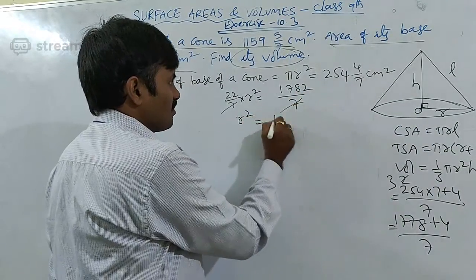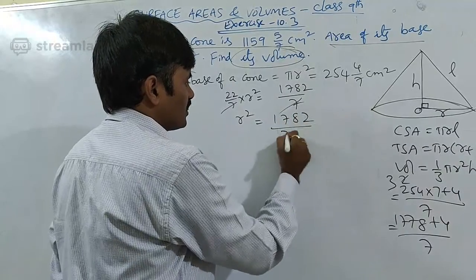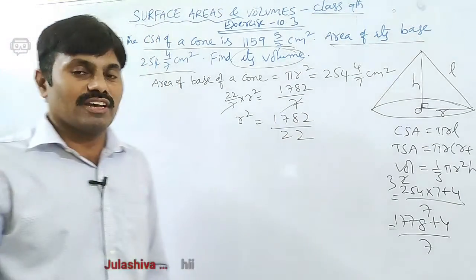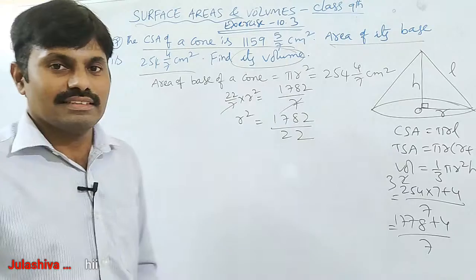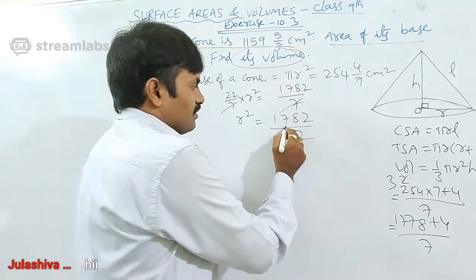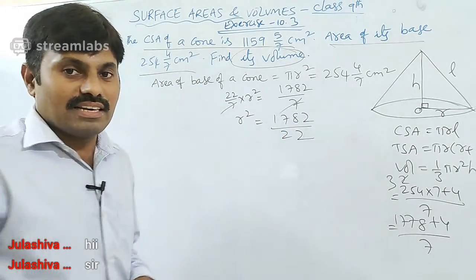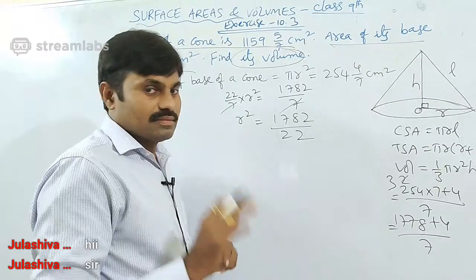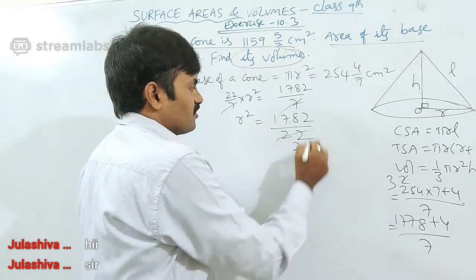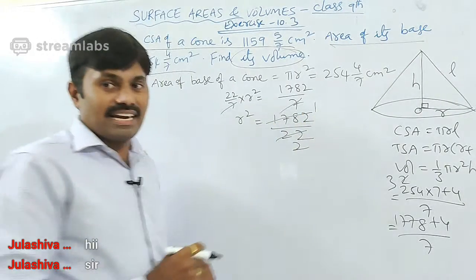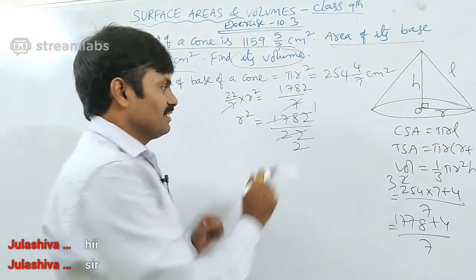Now 7 7 gets cancelled. Then r square is equal to 1782 by 22. Now we are going to verify whether the 11th table is possible or not. 11 2s are 22, 11 1s are 11.